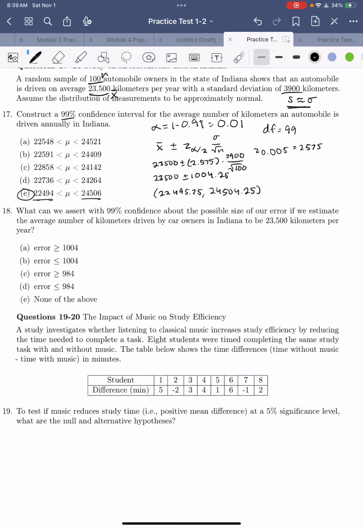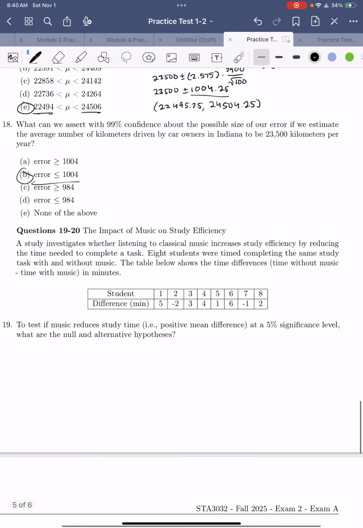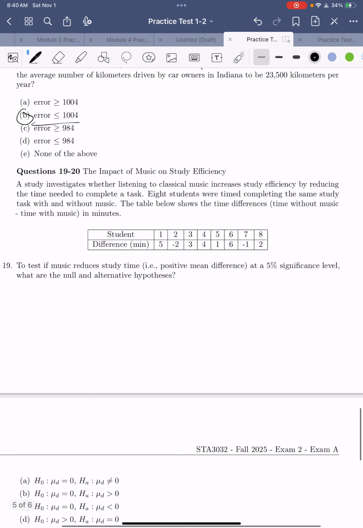So we can assert that our error is less than or equal to the value that we calculated. So we calculated that our error is around 1,004, and so we can say that our error is less than or equal to 1,004, so that would just be B. And then our last two questions.